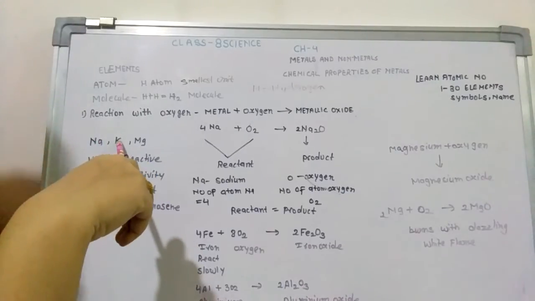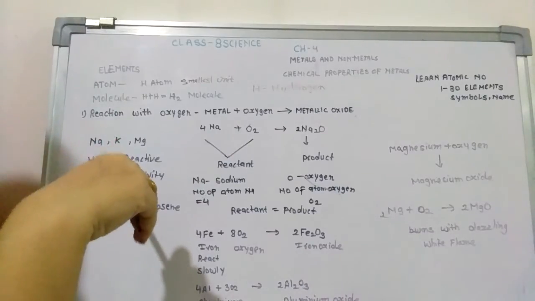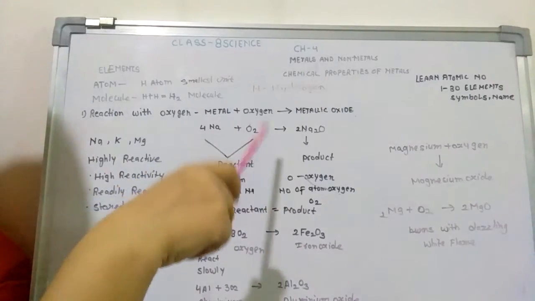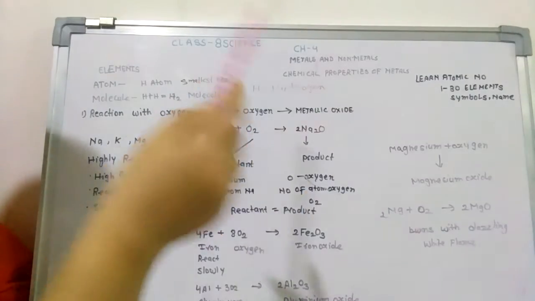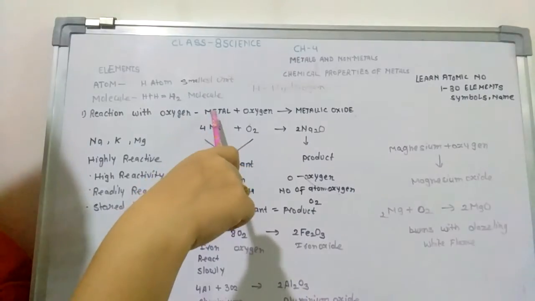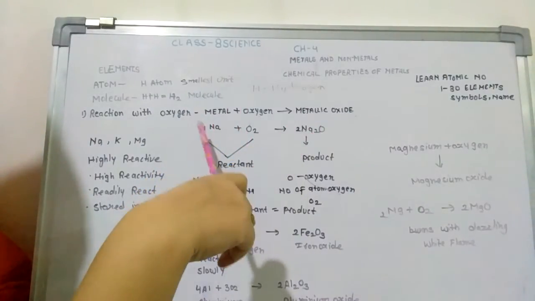Sodium and potassium are stored in kerosene because if exposed to air, they react with the oxygen readily, easily, fast. So the first reaction is: metal reacts with oxygen to give a metallic oxide.